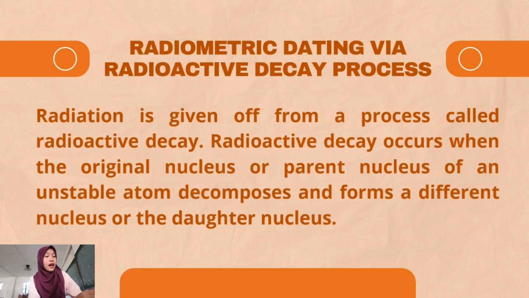Radiometric dating works via the radioactive decay process. Radiation is given off from a process called radioactive decay. Radioactive decay occurs when the original nucleus, or parent nucleus, of an unstable atom decomposes and forms a different nucleus, or the daughter nucleus. As I said before, the nucleus seems to be unhappy with its protons or neutrons.